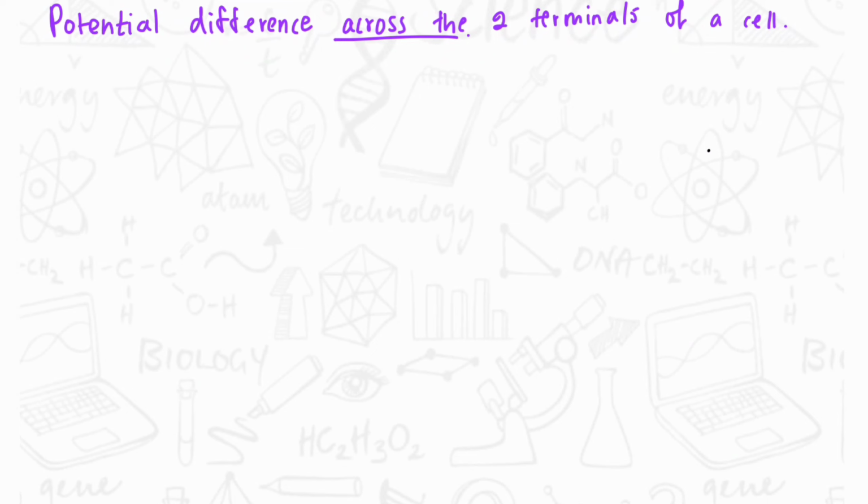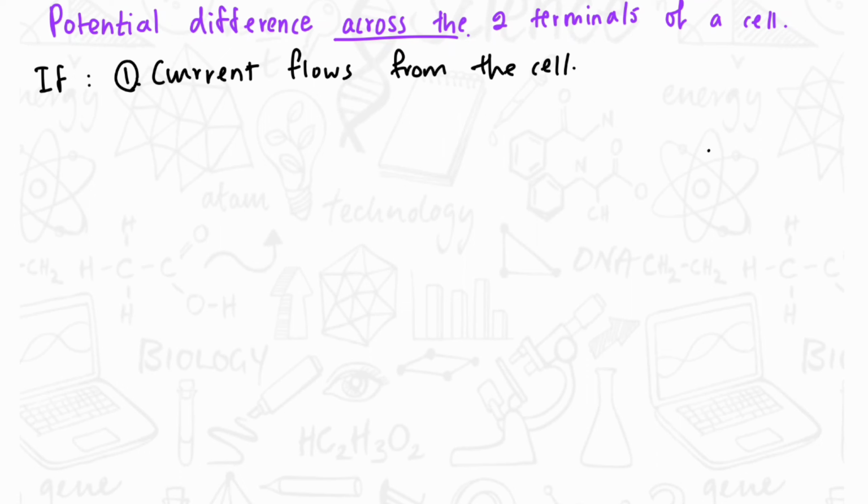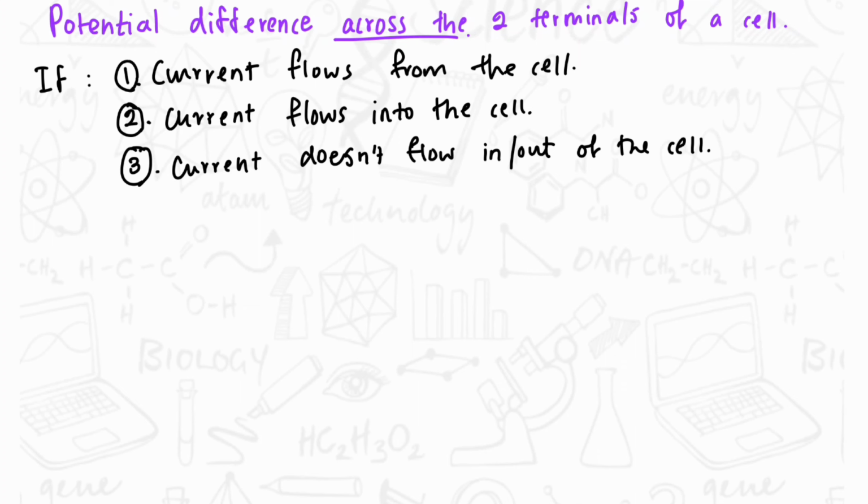Next, we have to learn the potential difference across the two terminals of a cell. Under this, we have the first case where the current flows from the cell, the second case where the current flows into the cell, and in the third case, current does not flow in or out of the cell. Let's take case 1.